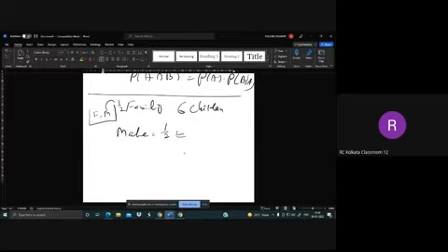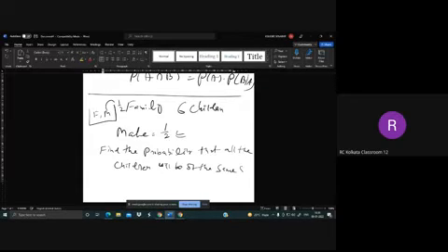Okay. Now find the probability that all the children will be of the same gender or same sex.